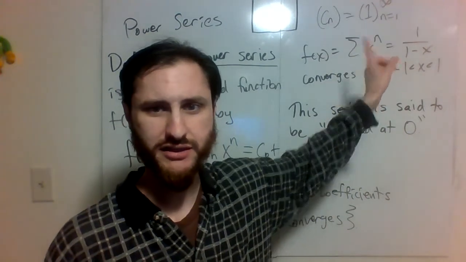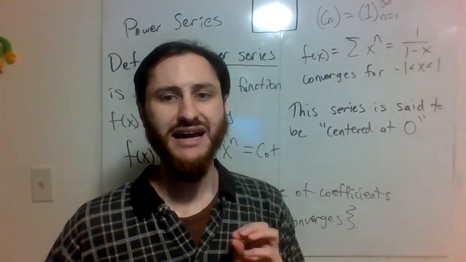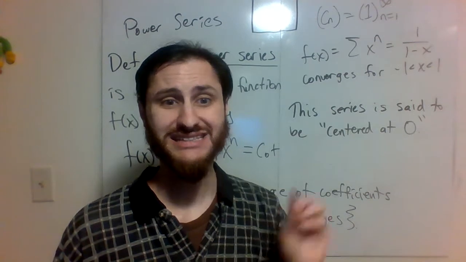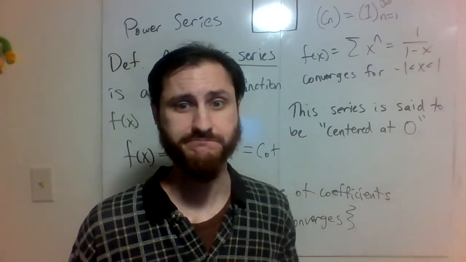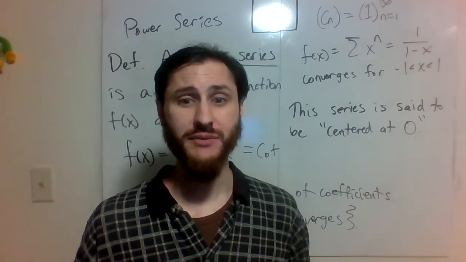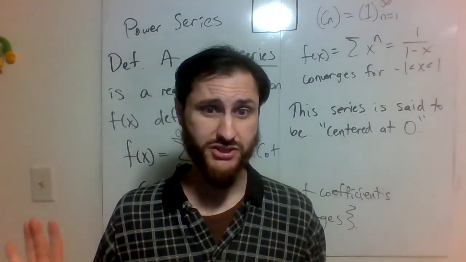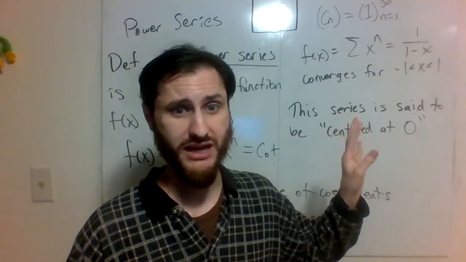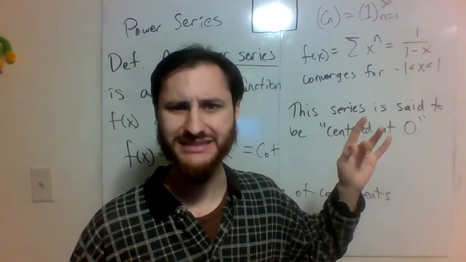This power series here that I've drawn is said to be a power series that is centered at 0. Why is that phrase meaningful? What I'm going to do now is rewrite the definition to include this vocabulary about a center.